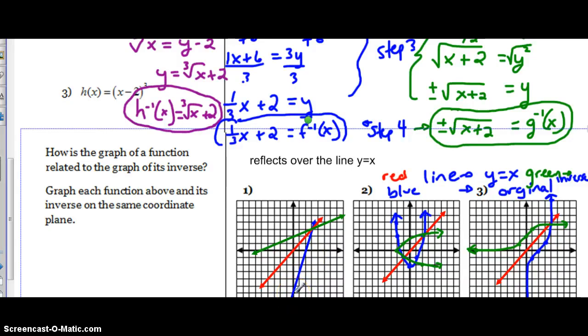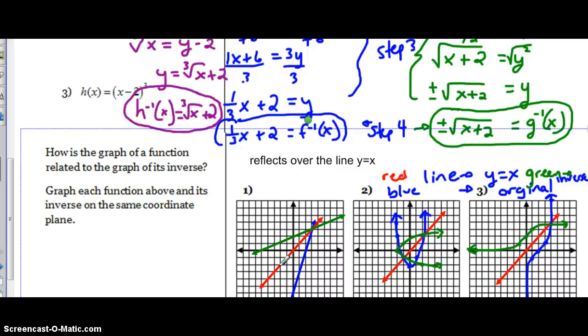So we started at the y-intercept and went up 3 over 1 for the rise over run, and then kept going to graph our blue line. Then our inverse was 1/3 x plus 2, with a y-intercept of 2 and a slope of 1/3. And so we start there on our y-intercept and use rise over run. And we should confirm that it does visually look like it's reflecting over the y equals x line.